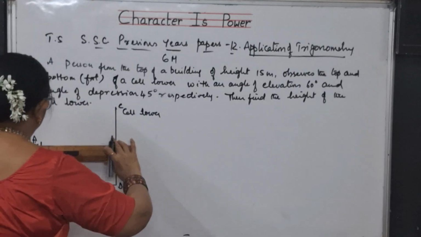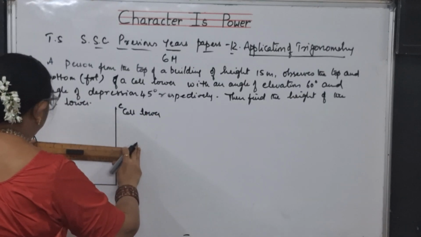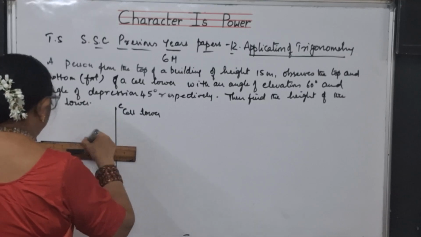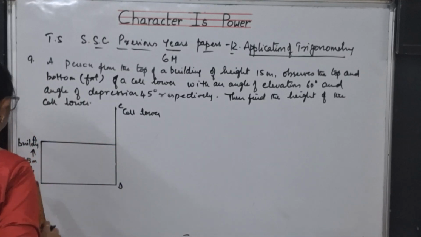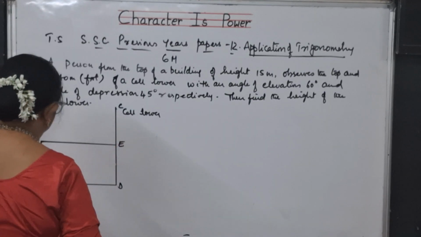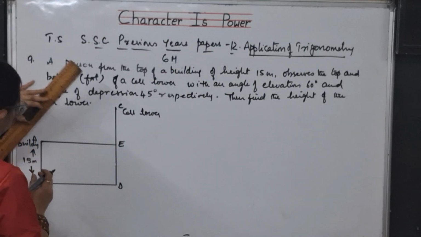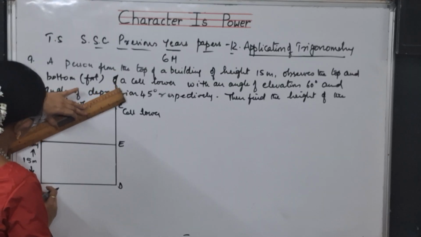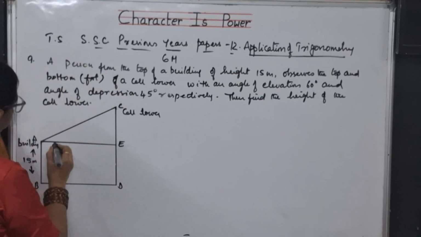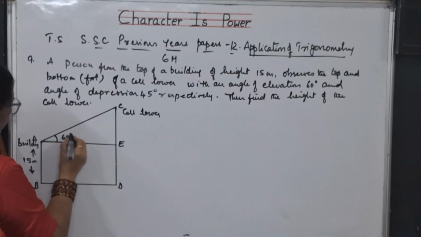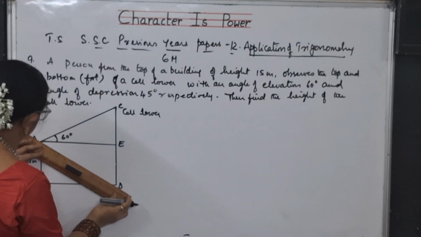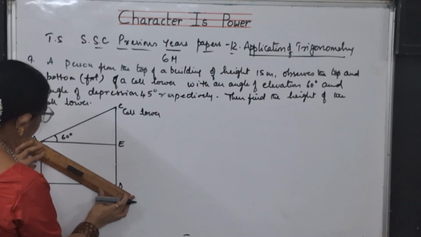So from here angle of elevation and angle of depression means you have to draw. Angle of depression means always you need to draw this line. So let me call it as E. So angle of elevation is 60 degrees.